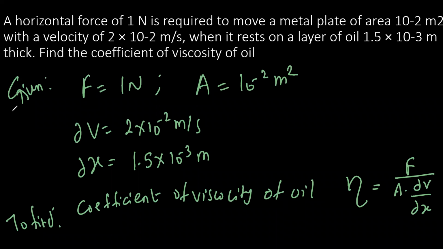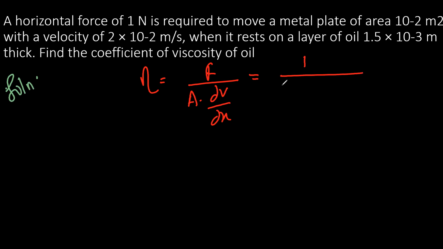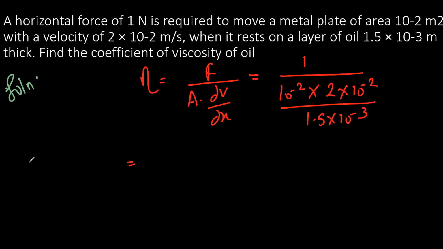So the coefficient is F divided by A dV by dx. If I put all the values, F is 1, area is 10 raised to minus 2, into dV is 2 into 10 raised to minus 2, and dx is 1.5 into 10 raised to minus 3.